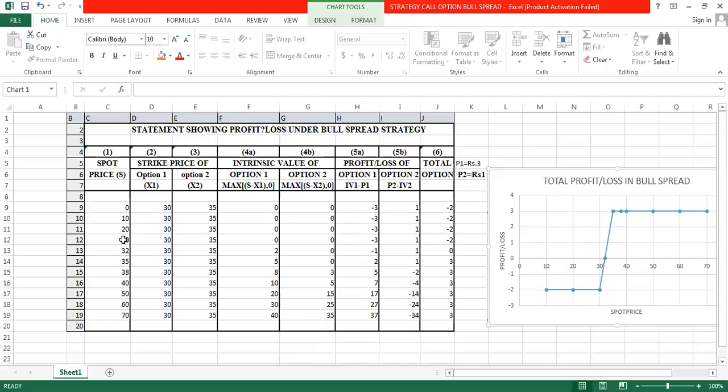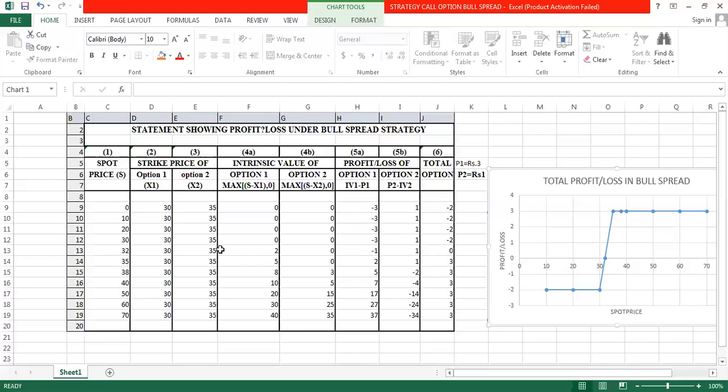We have considered 30 because it is the strike price of option 1. We have considered 35 because it is the strike price of option 2. After that, again we have considered 38, and finally 40, 50, 60, 70. So that is the way we have proceeded.